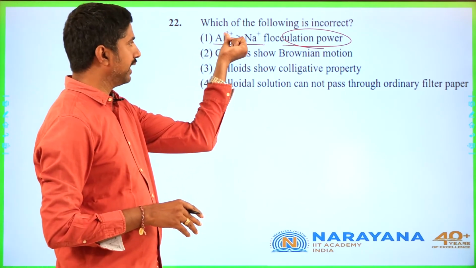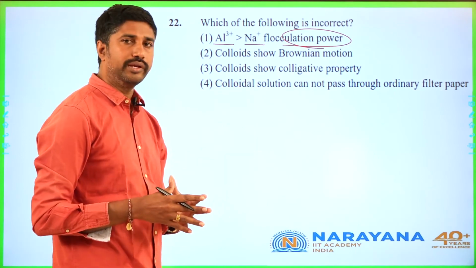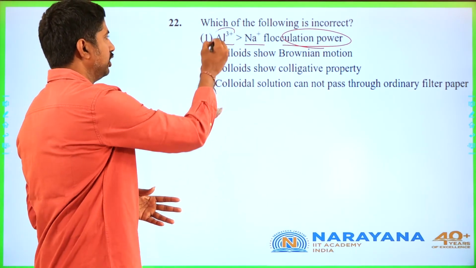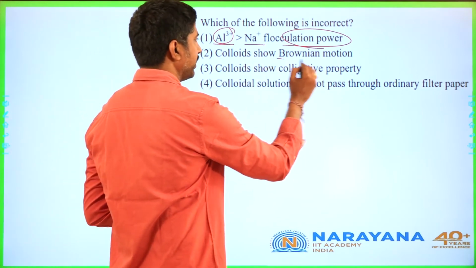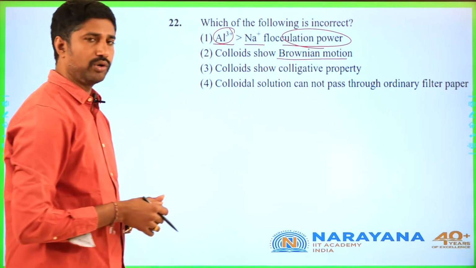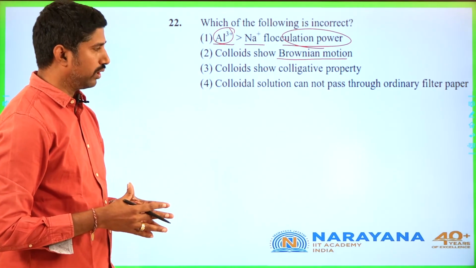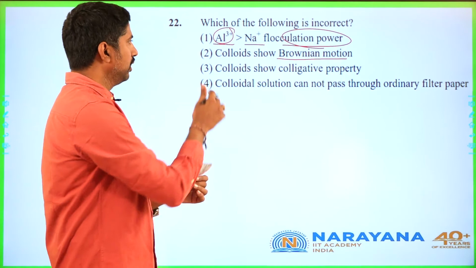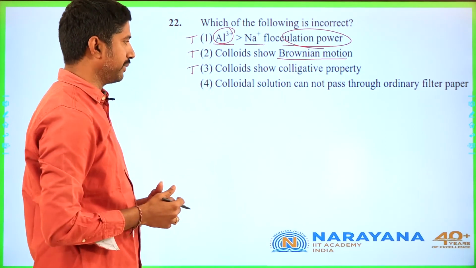Al3+ has 3 units of charge and Na+ has only 1 unit, so flocculation power is maximum for the aluminium ion. And colloids show Brownian motion. It's a property of colloids. Brownian motion and Tyndall effect are common. And colloids show colligative properties as it is. So this is a true statement.